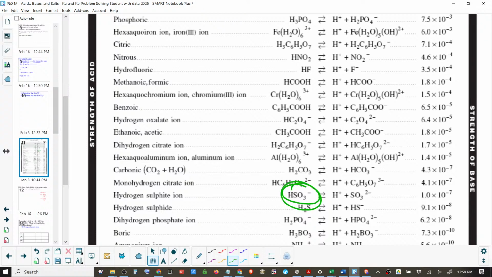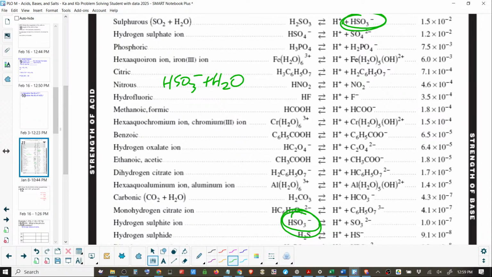If you are doing HSO3 minus plus H2O, if it's on both sides, what kind of molecule is it? Close. Amphiprotic. If you are using it as a base and you need the Kb, which of those Ka values do you use?